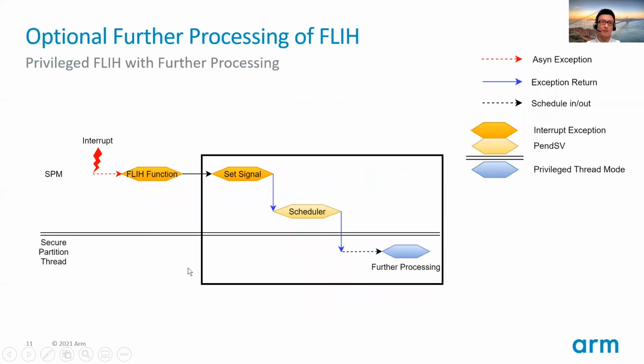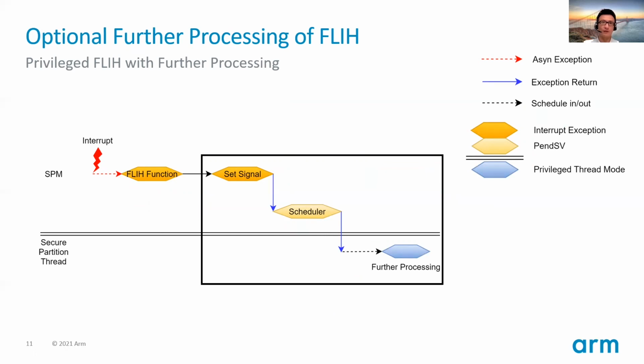And as I mentioned, there is an optional further processing of the FLIH, because the FLIH function is executing in a very special context, so you cannot do everything. So there is a mechanism for the secure partition to have some further processing in the secure partition thread.